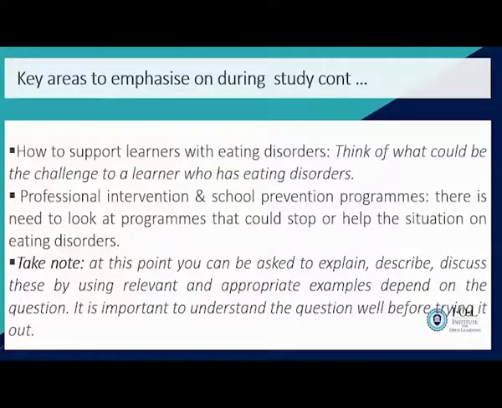And also, by so doing, you help a child to avoid getting sick from different sicknesses that are related to the eating disorder. And how to support learners with eating disorders. Think of what could be the challenge to a learner who has an eating disorder. Now we need to look at the two areas, being it obesity or being it anorexia, where a child is eating too much or where the child is eating less, and then we try to help this person.